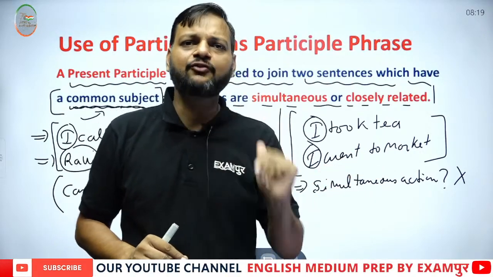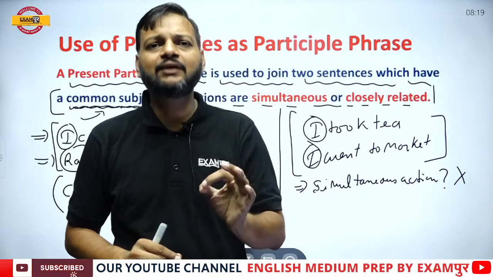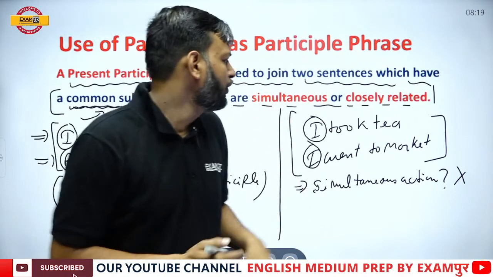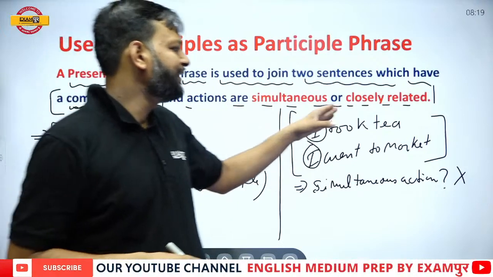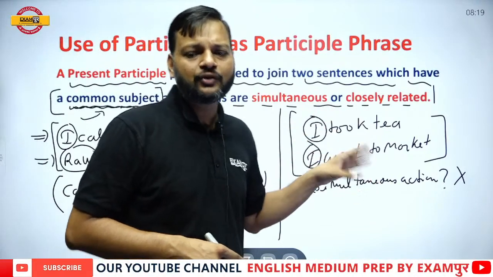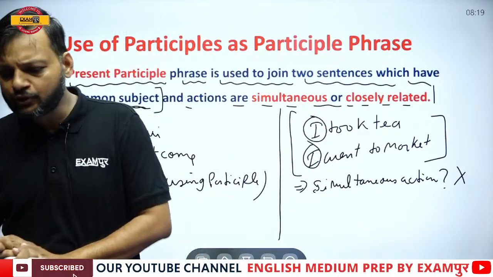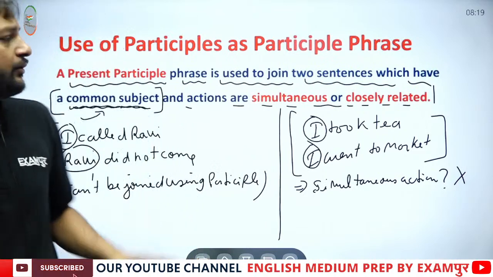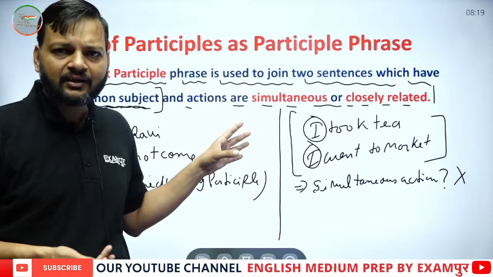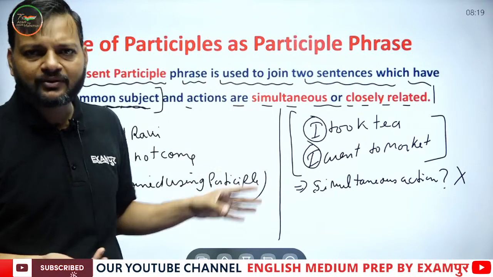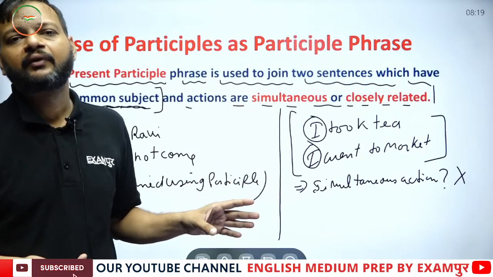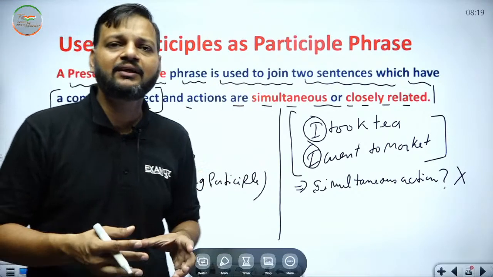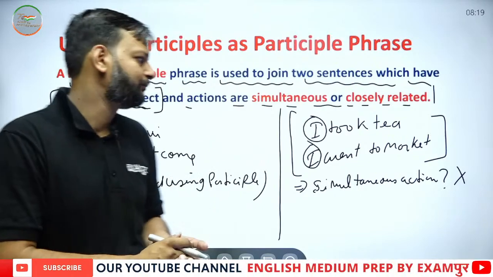So the actions are not simultaneous, not even closely related. So we can't join these two sentences using a present participle, because both the sentences must have a common subject and the actions must be closely related.